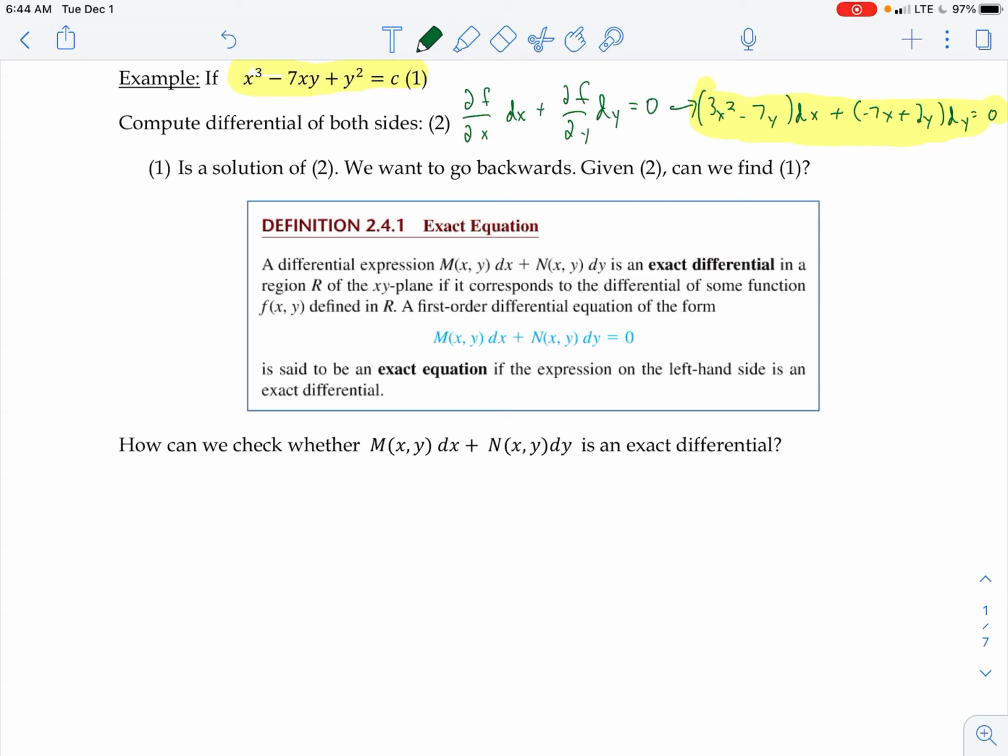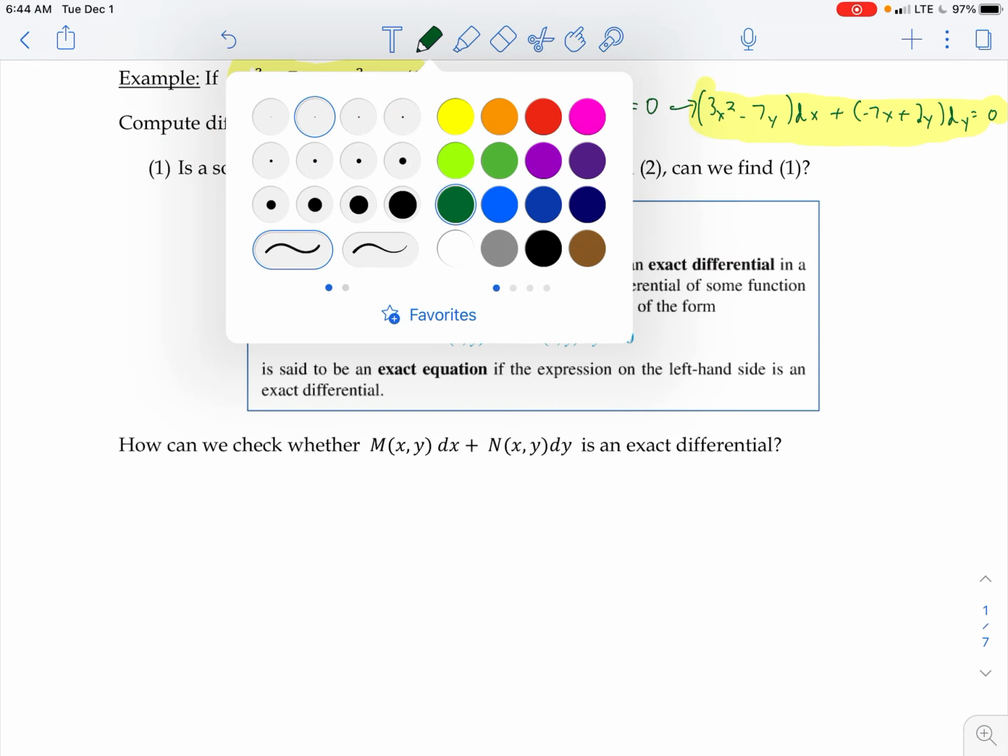So, how can we check whether our differential equation, M of x y dx plus N of x y dy, is an exact differential? Well, this is how we can figure that out.